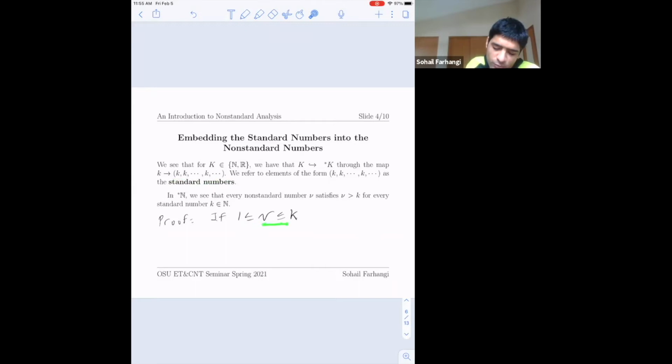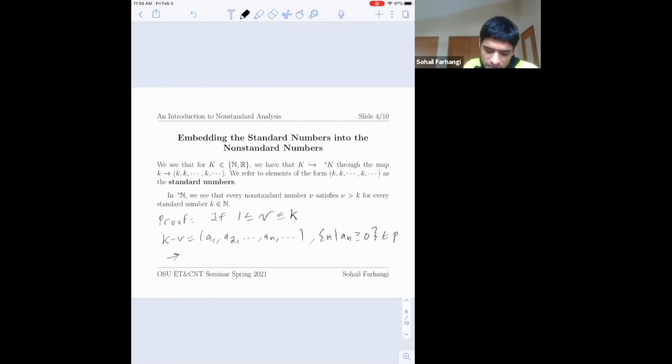And if we also have that this non-standard number is smaller than or equal to some integer, then we can do the following. So we take the difference, it's non-negative.